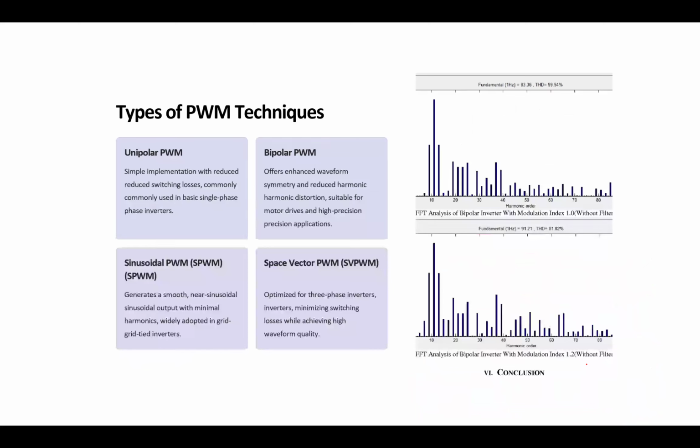Now, there are several types of PWM. One is unipolar PWM, what you see so far. That was unipolar PWM, a simple one. We could have bipolar PWM. The difference between unipolar and bipolar is the same difference as half bridge and full bridge.